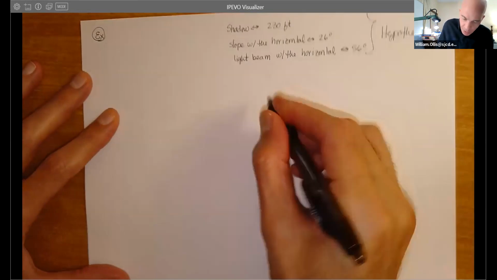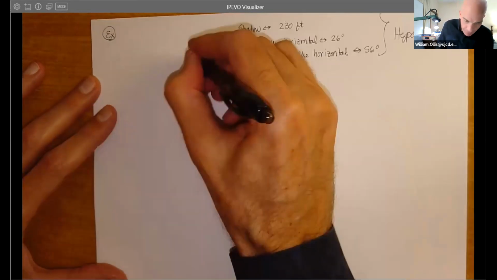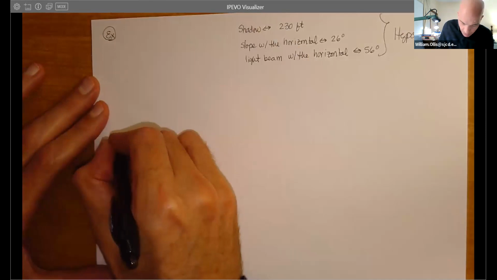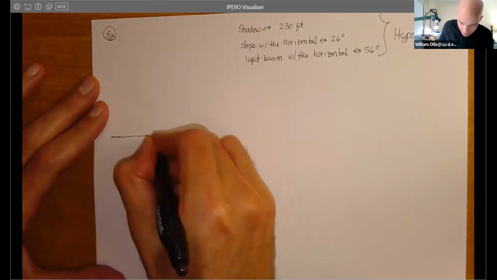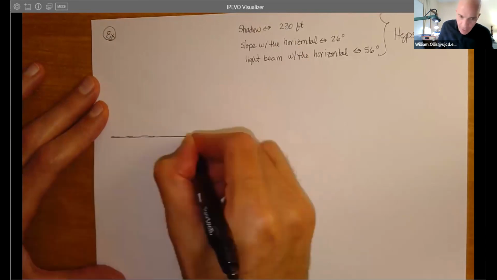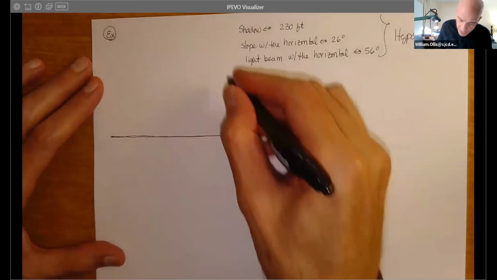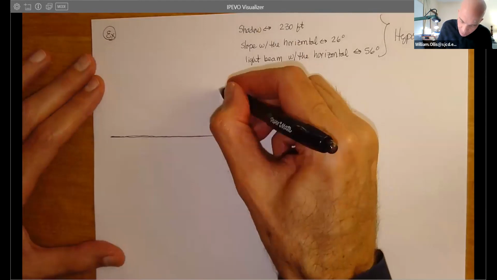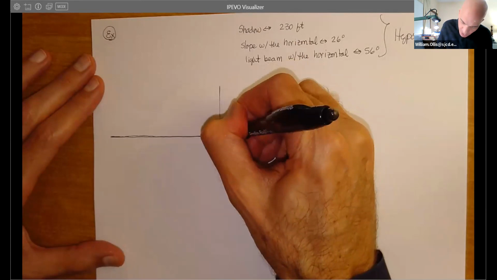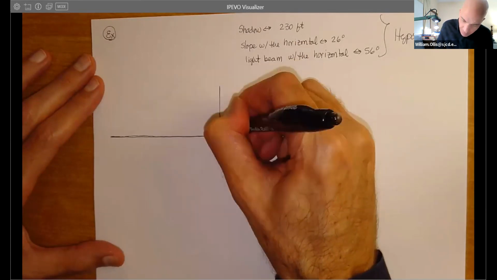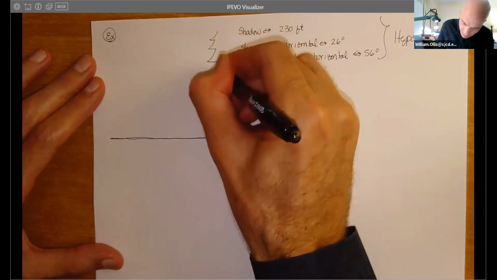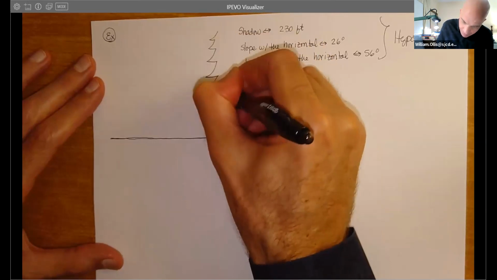So we've got a tree, and let me go ahead and draw the horizontal. And for instance, here we've got this slope. That is, we've got this nice slope where the tree lives. Say a nice Christmas tree. So here's our tree right here.